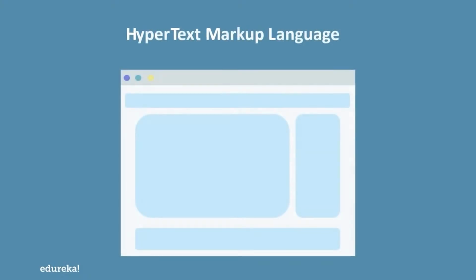To master front-end web development, you'll need to know many technologies, but the main technologies are HTML, CSS, and JavaScript. Now, HTML, which stands for Hypertext Markup Language, is the skeleton of every web page. It defines the structure of the web. Without it, the web would be as shapeless as a lump of clay.